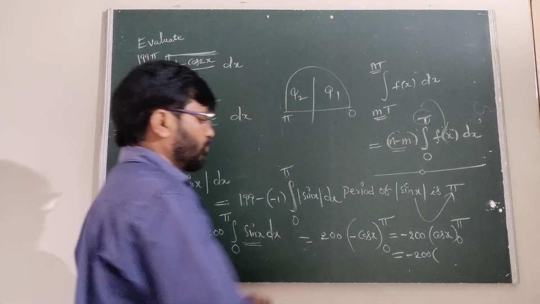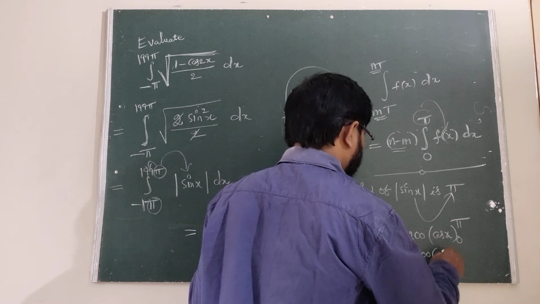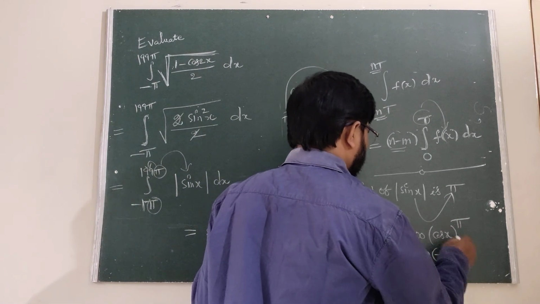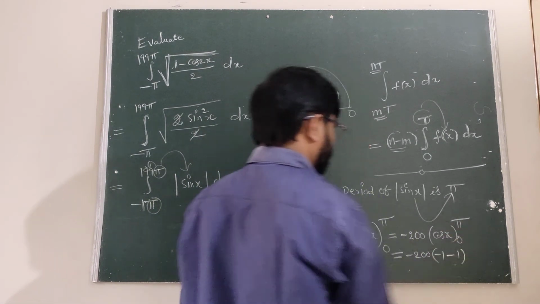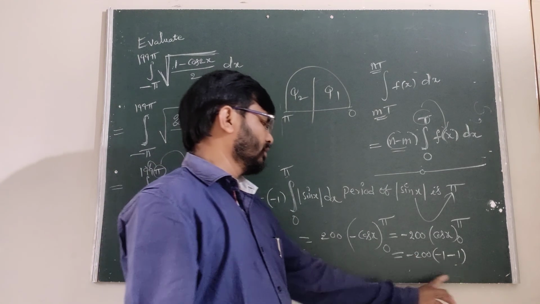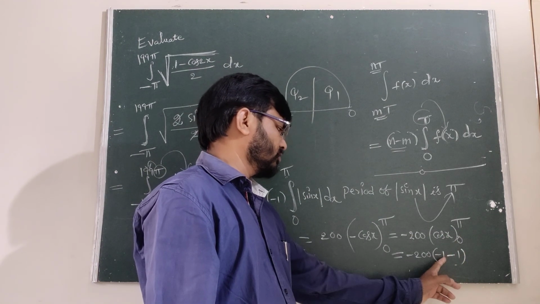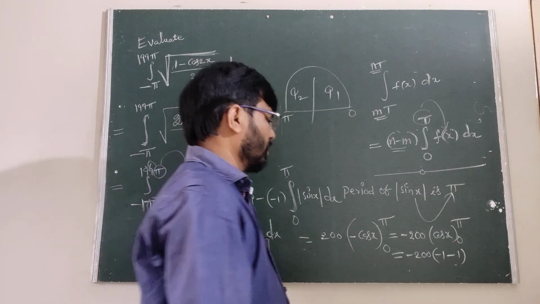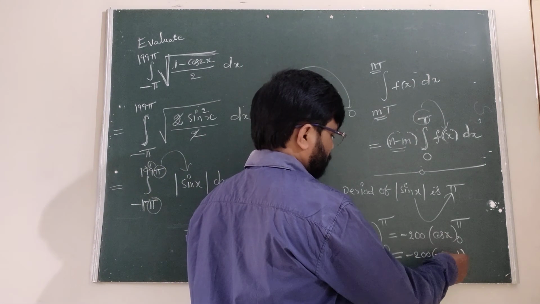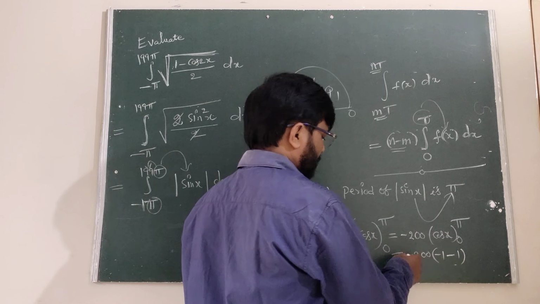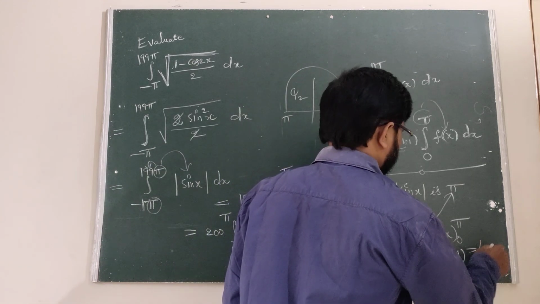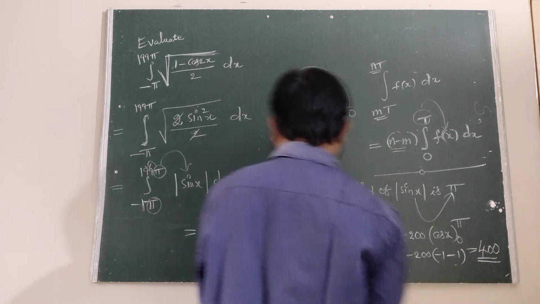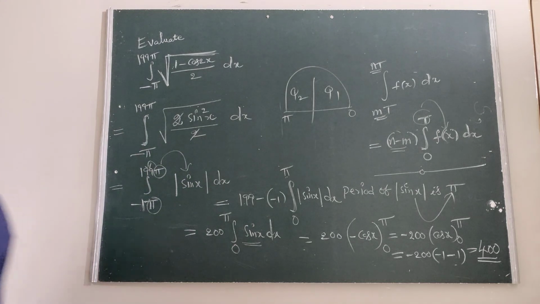The value of cos pi is minus 1, and cos 0 is 1. Is it clear? So minus 200 into minus 1 minus 1, which is minus 2, and minus into minus is plus. What is the answer? It is 400.